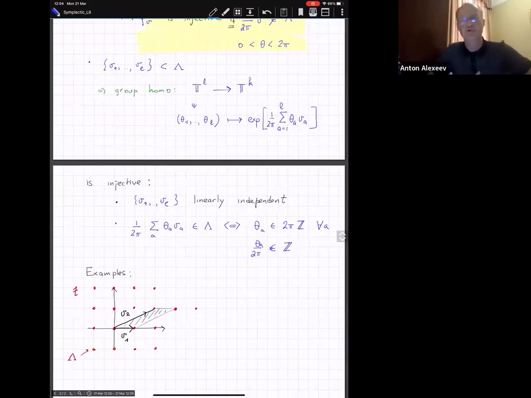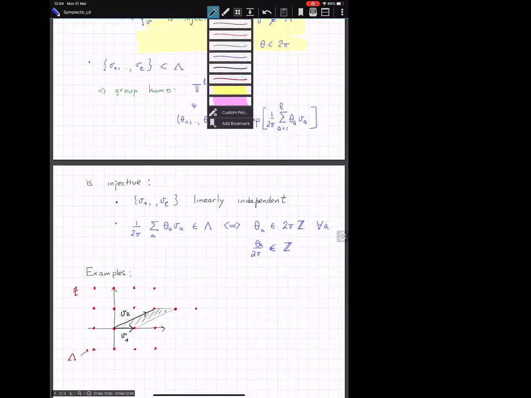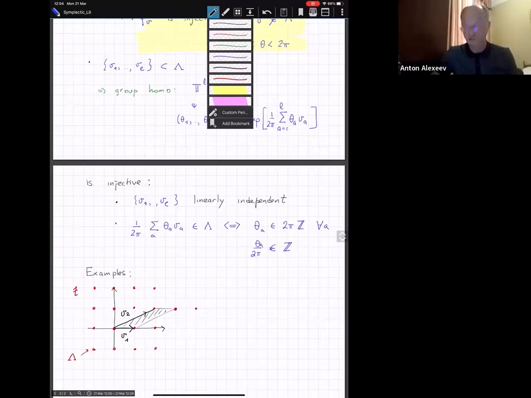Those two vectors, do they define a group homomorphism from T2 to itself in this case, right? Yes, it doesn't contain any points inside. Yes, that's right.